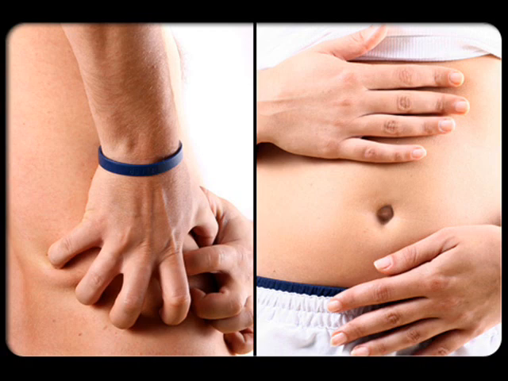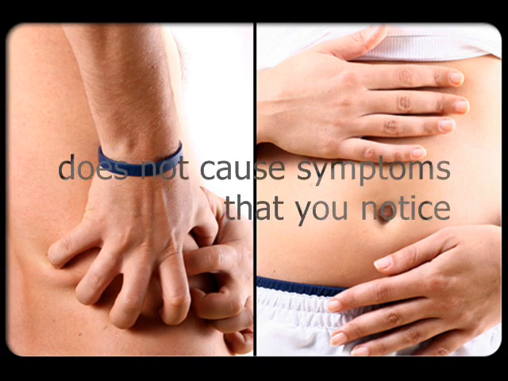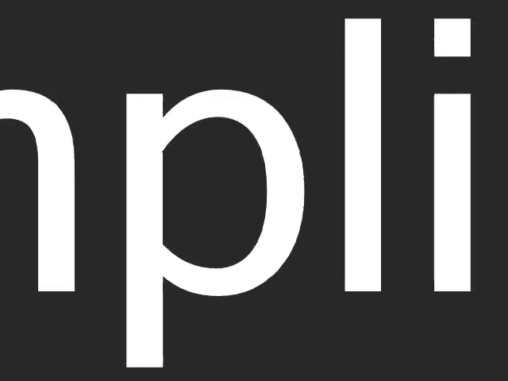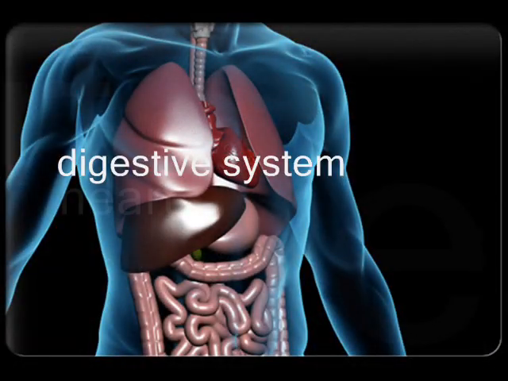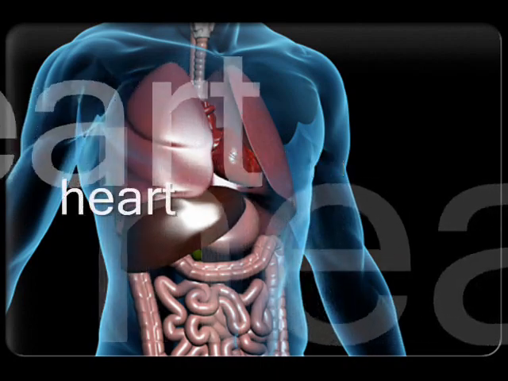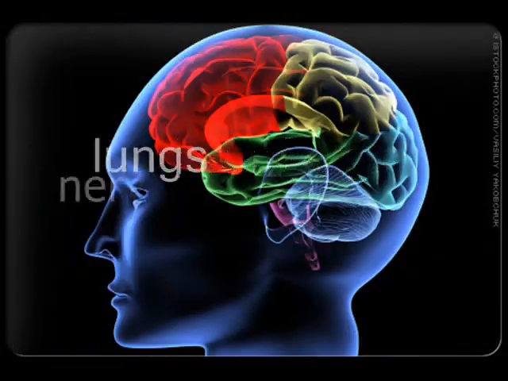Acute renal failure often does not cause symptoms that you notice. If you are already in the hospital, tests done for other problems may also detect your kidney failure. The complications of acute renal failure can affect the entire body, including the digestive system, heart, lungs, and nervous system.